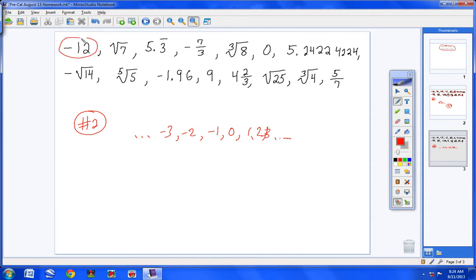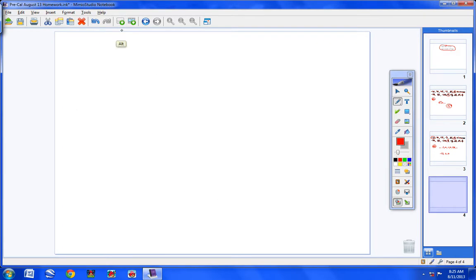So out of this list of numbers, your integers are -12, 0, and 9. Alright, so those are your integers. Let's continue on. Let's take a look at number 3.